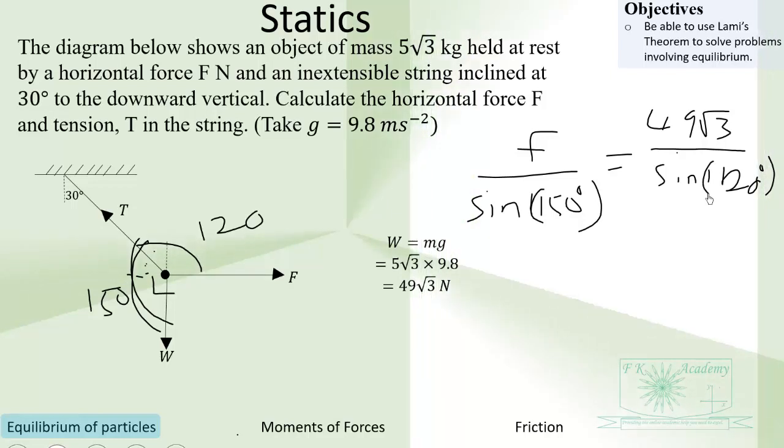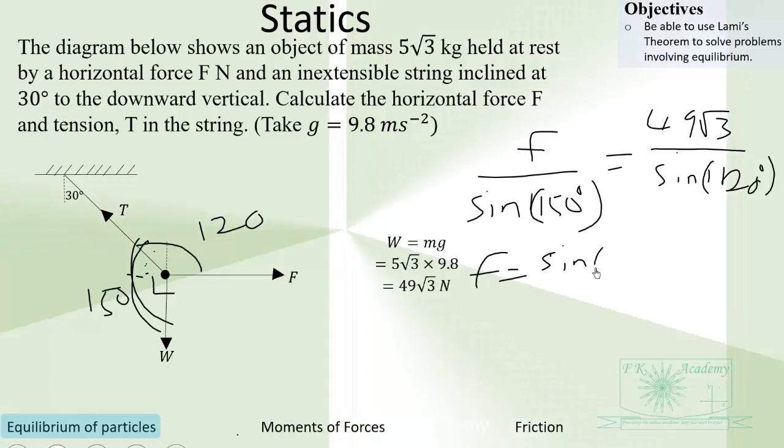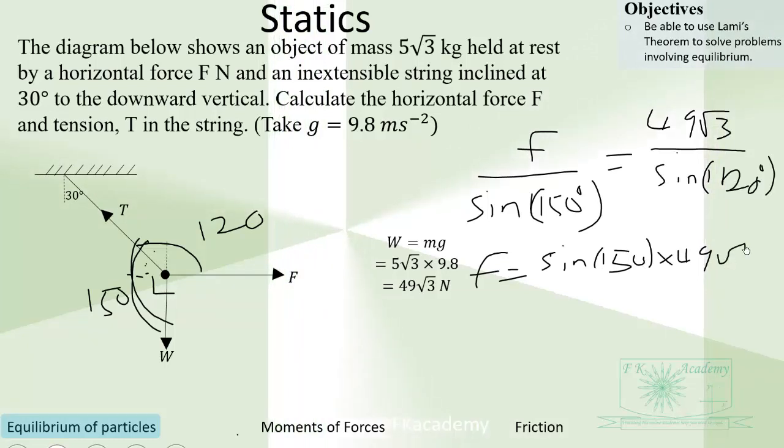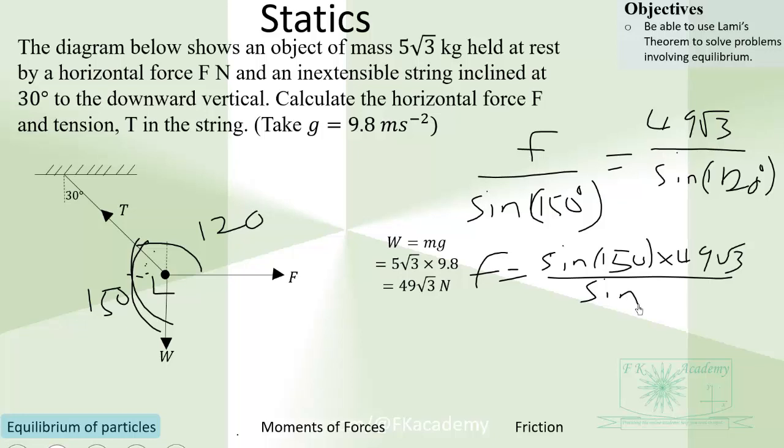So this will give us F to be equal to sine 150 times 49 root 3 all over sine 120 degrees. They are all in degrees.